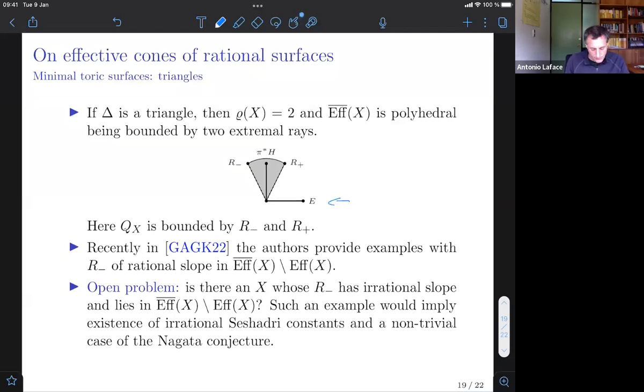This is quite important because such an example would imply, first of all, the existence of irrational Seshadri constants, but then also, at least in the case where the Picard group has non-torsion, so when we are blowing up weighted projective planes, it would imply a non-trivial case of the Nagata conjecture by a theorem of Witt Nyström. So this has a strong connection also with the beginning of the talk, which was studying these blow-ups of the projective plane at points in very general position.